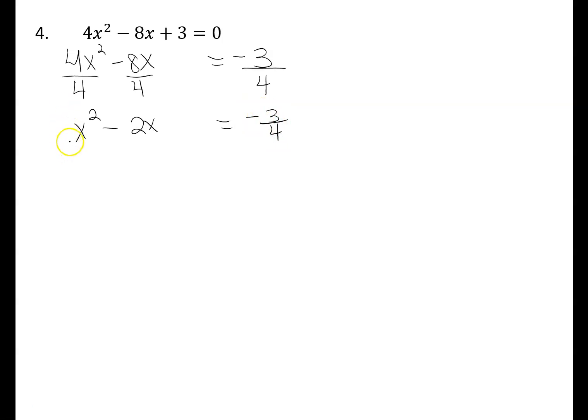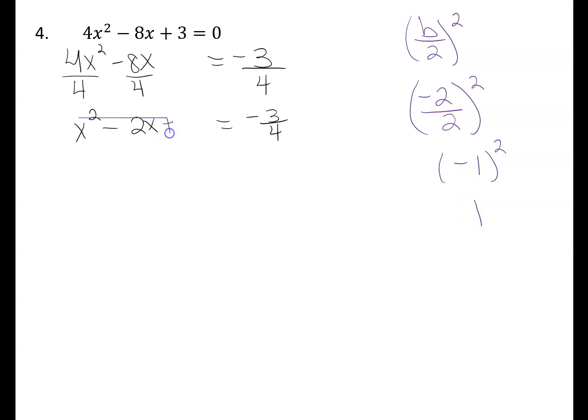Now that you have your 1 in front of your x squared, you work from here and use negative 2 as b. Do not go back to your original to get b. So when we come out to this side and we do b divided by 2 squared, b is this negative 2 here. So it's negative 2 divided by 2 is negative 1 squared would equal positive 1.